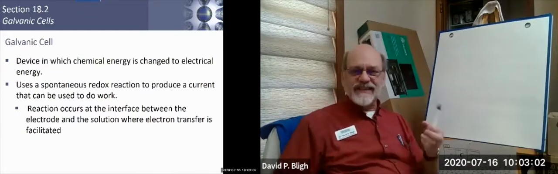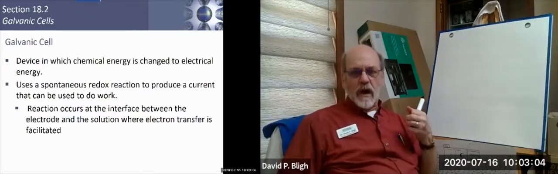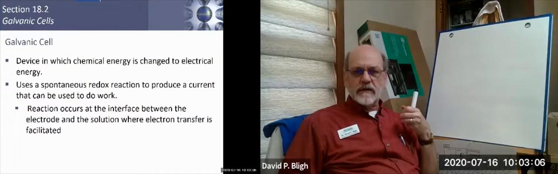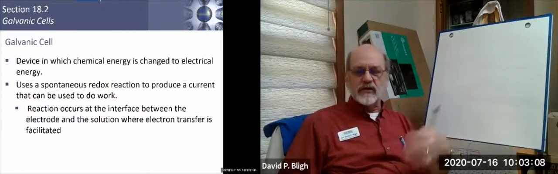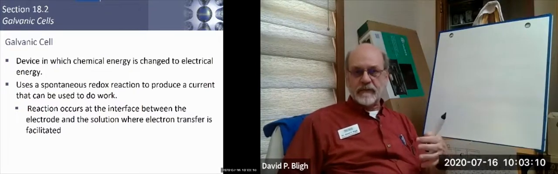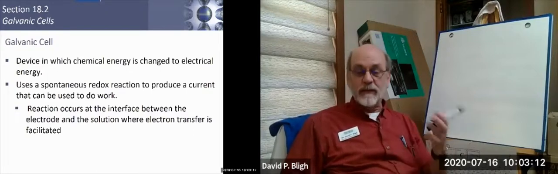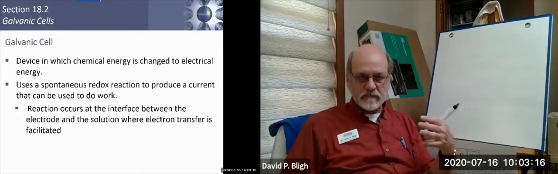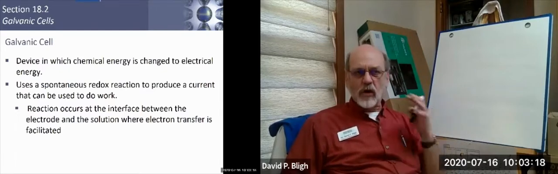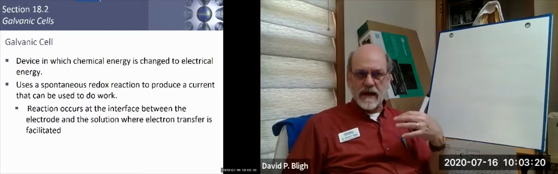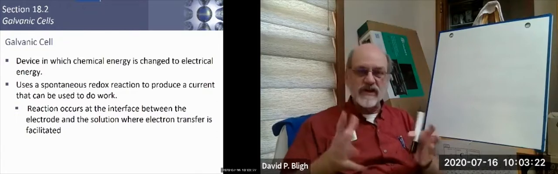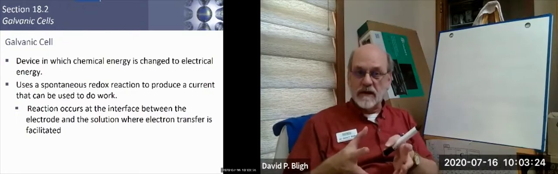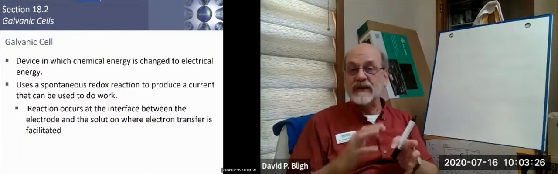And these devices are used to change chemical energy into electrical energy. And that just means in a chemical reaction, electrons are transferred, and all you need is an engineering solution to capturing those moving electrons.